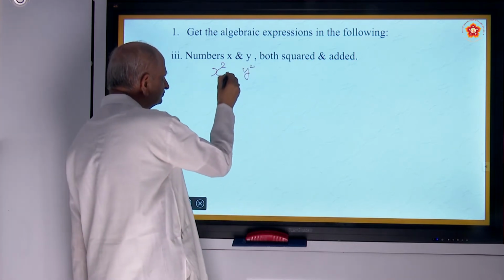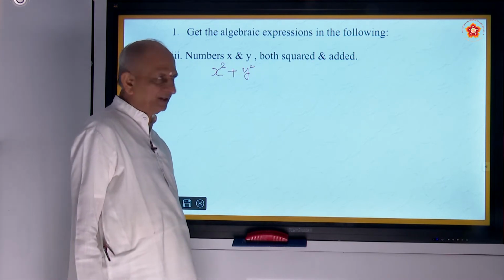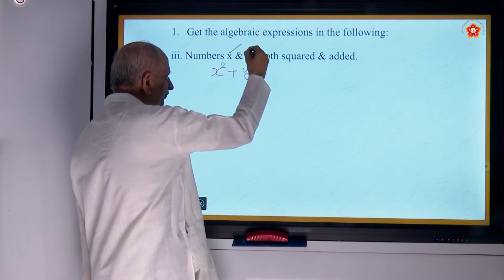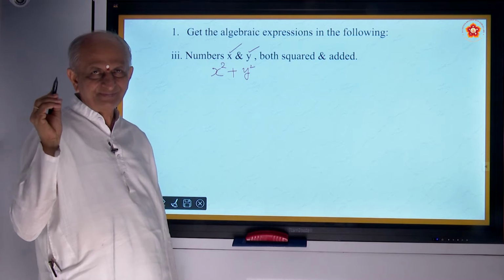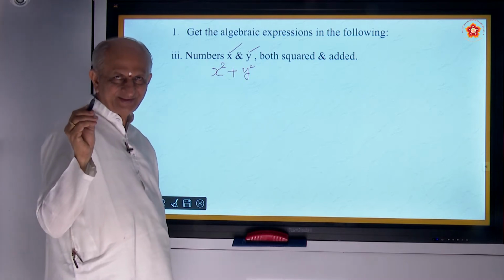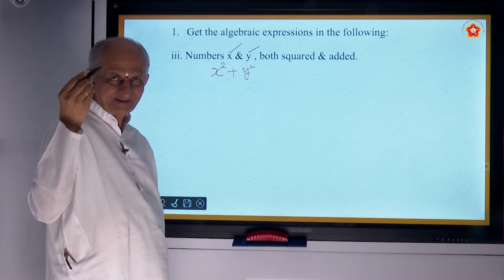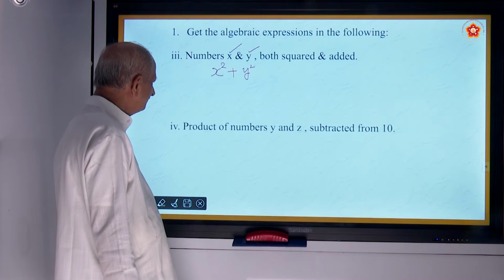Added, plus you must write. This is the answer. Square of x is x square, square of y is y square. Then adding means plus. Suppose they say difference, minus. Subtract, minus. Like that, the words you must note correctly.